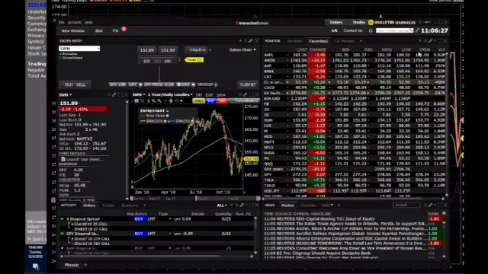But that's not what we're talking about today. We're talking about the definition of delta as probability it goes in the money and correlation with the underlying, but primarily probability it goes in the money. And delta selection is important in what Tom's going to talk about.